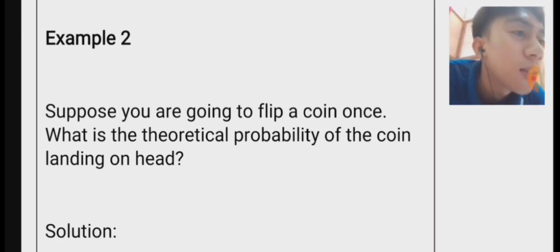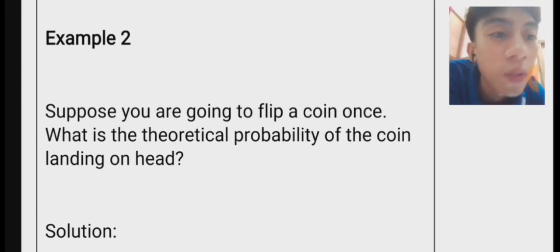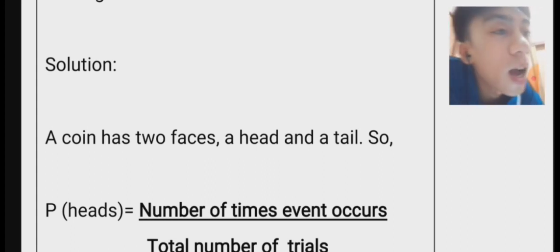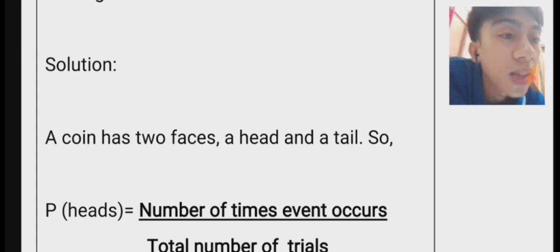Now, let's proceed to example number 2. Suppose you are going to flip a coin once. What is the theoretical probability of the coin landing on head? Here is the solution. A coin has 2 faces, the head and the tail.